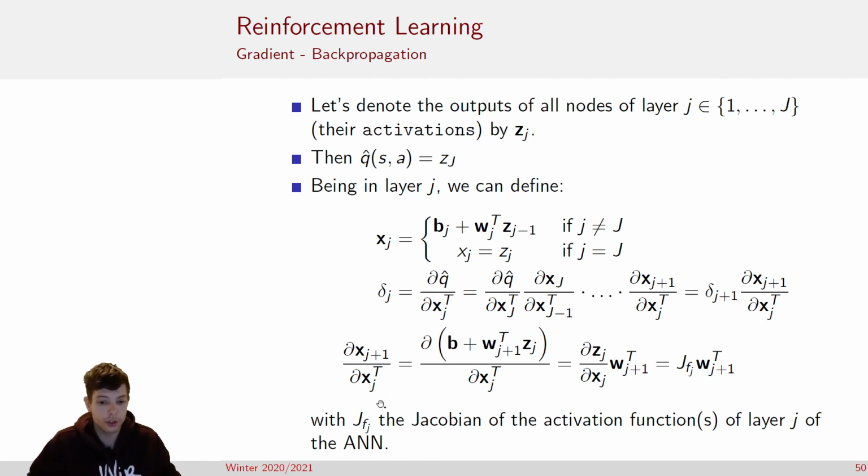But that is pretty straightforward, because for this derivative, the derivative of x j plus 1 with respect to x j, we just plug in the definition of x j plus 1, meaning x j plus 1 is b j plus 1 plus the weights of the j plus 1 layer times the output of the previous layer, and then the derivative of that with respect to x.